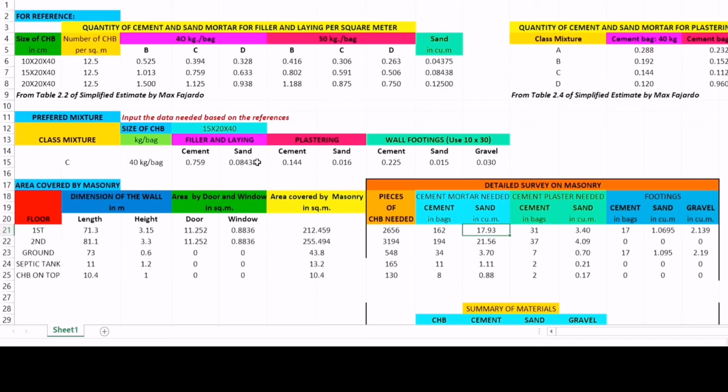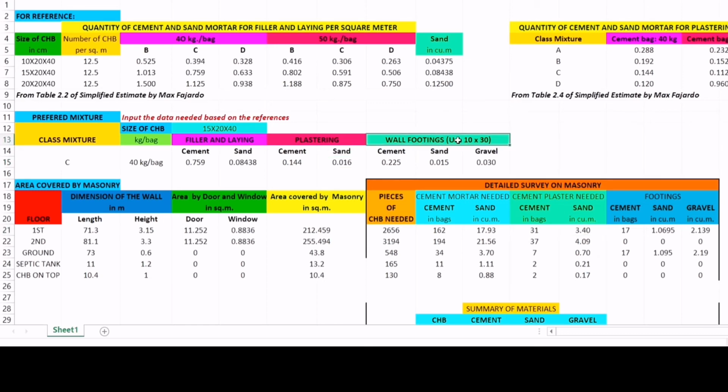And then for the sand, we multiply the area by 0.80843, which equals 7.93. For the cement plastering needed, we multiply the area by 0.114, which equals 31, already rounded up. And for the sand for plastering, we multiply the area by 0.016, which equals 3.04.